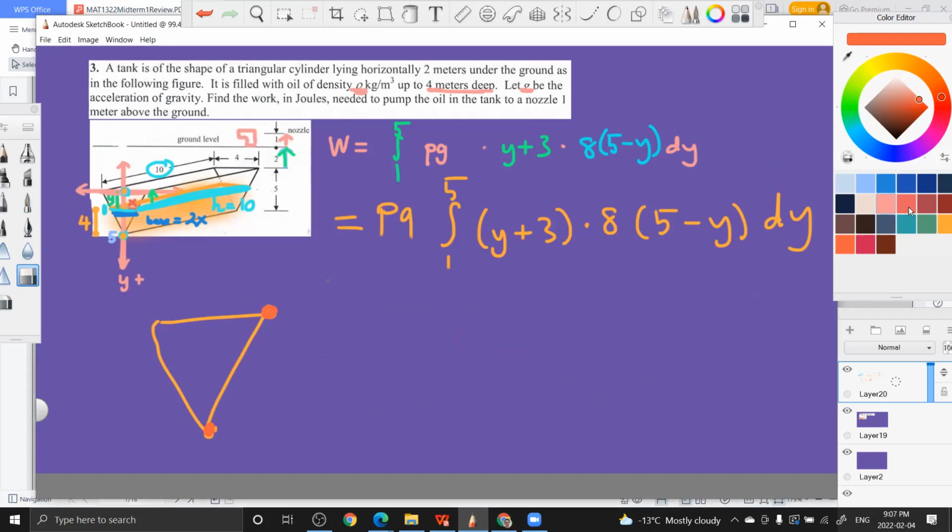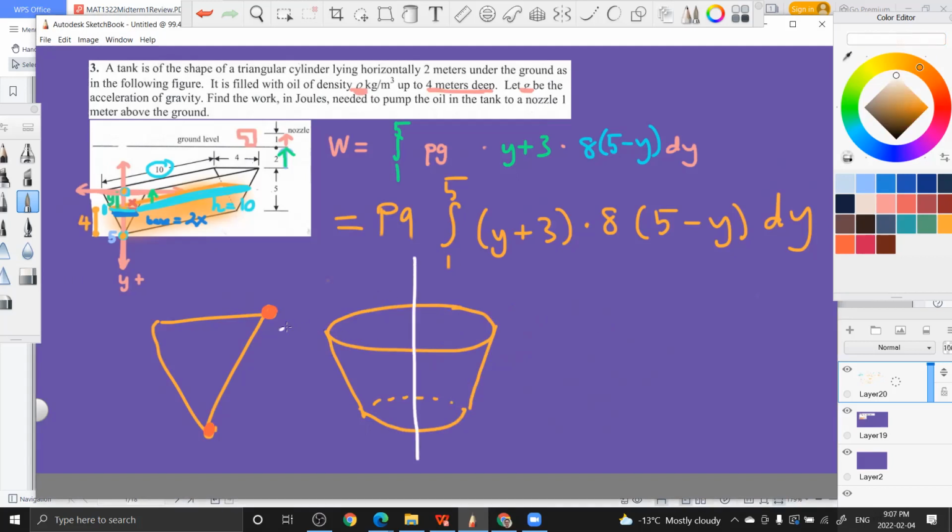Let me just show you very quickly the case where it wouldn't work. Using similar triangles, it wouldn't work if you get a shape like this instead of this one. Yes, but in that scenario, because the top is a circle, you would need to refer to a different equation. No, I mean, I don't want to waste any more of your time, that's going to be my last question.